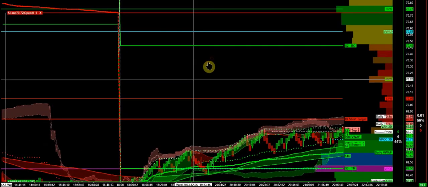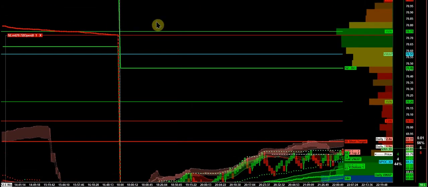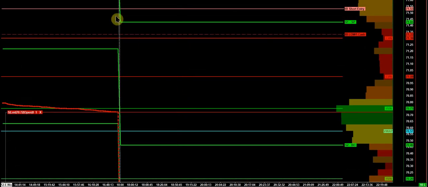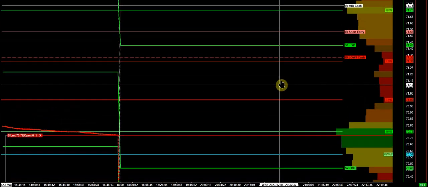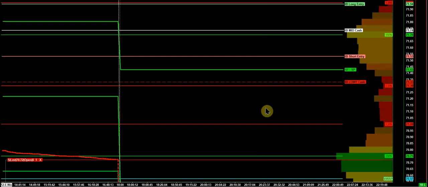I'm looking at some targets up here. First target up here, and then right around here somewhere, and then we'll see what happens at 3 a.m. I seriously doubt it's going to come back 130 ticks between now and 3 o'clock.